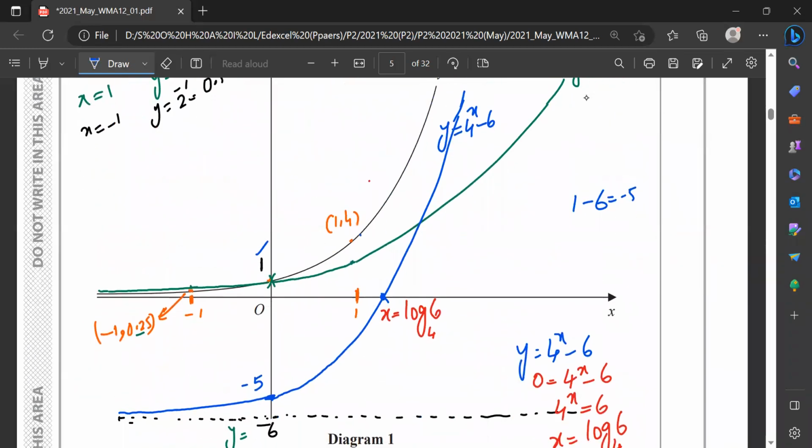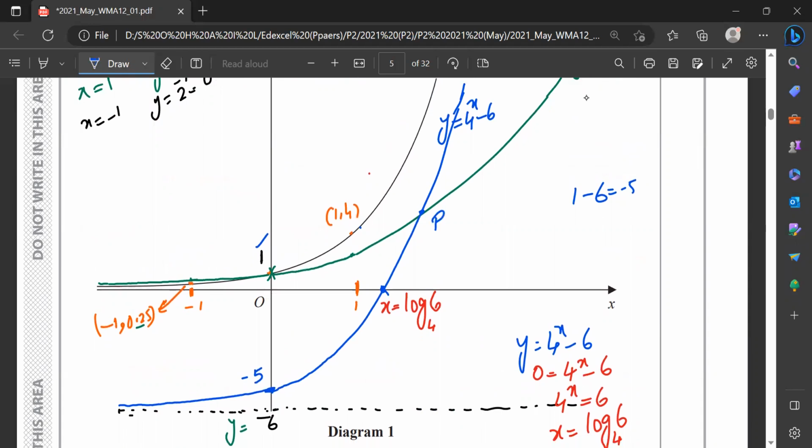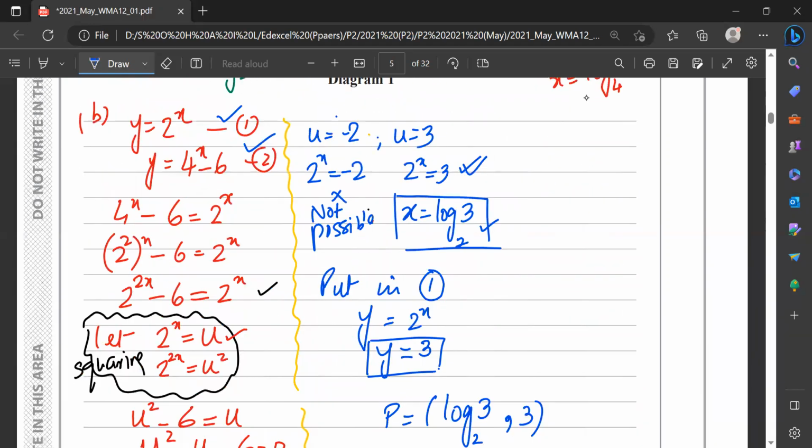So this is the P point, and P point has the coordinates log of 3 to the base 2, comma 3. So this is the solution to question number 2.